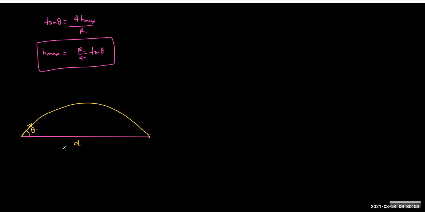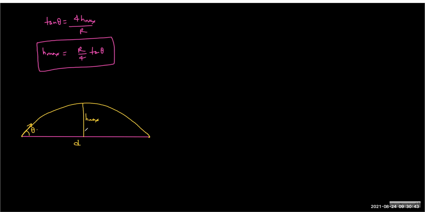So there are two ways to solve. Either you solve from basics, assume v naught, write the expression, and get the answer. But the other subtle way of doing this is to directly use the formula. We know what H max is: R by 4 tan theta. So here R becomes d, so it's simply d by 4 tan theta. That gives the direct answer.